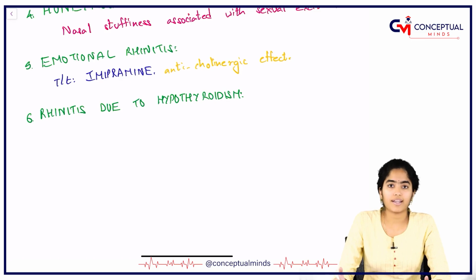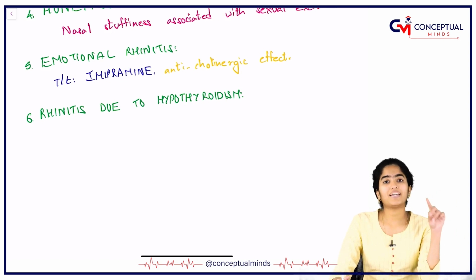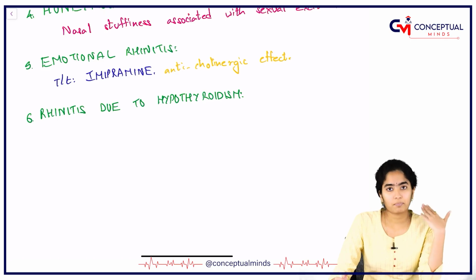And when thyroid hormone levels are reduced in the body, the patient is in a state of hypothyroidism. What happens is hypoactivity of the sympathetic system occurs, and there is dominance of parasympathetic activity. You have learned this in the beginning itself. Parasympathetic activity leads to nasal stuffiness.